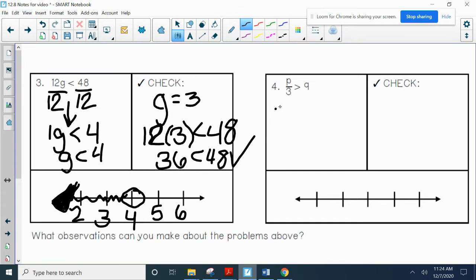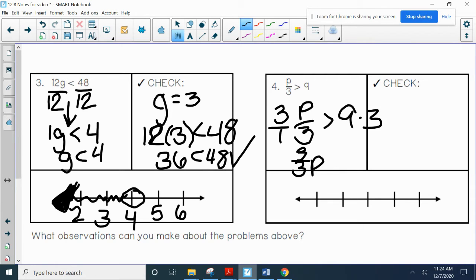So in order to get rid of P divided by 3 greater than 9, we're going to use multiplication. So we can say 3 over 3P is greater than 9 times that 3. 3 divided by 3, P is just 1.